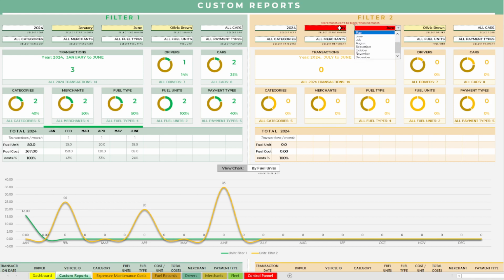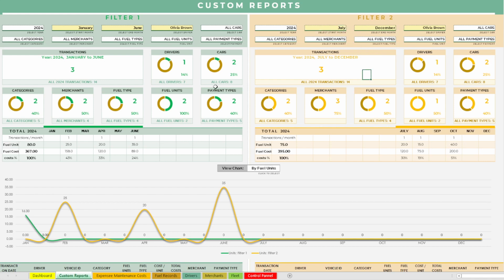When these are turning red, it is because you have a starting month of July and an ending month of June, and it is not possible to get a result from July to June because the ending month has to be bigger than the starting month, as this small error message is telling you here. So we have to select the ending month. It has to always be bigger than the starting month.